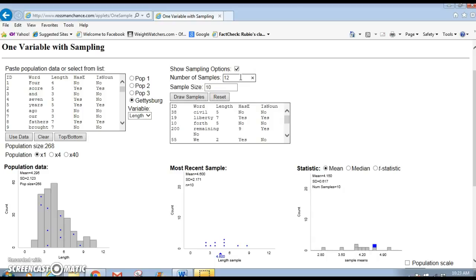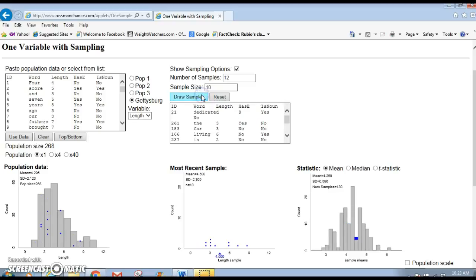So I'm going to take 12 samples of size 10. The most recent sample will be here, but if you notice, there were 10 blocks added to the histogram on the right. So I'm going to draw 12 more samples. I'm going to do this a few times so you can get an idea of what the distribution is going to look like.